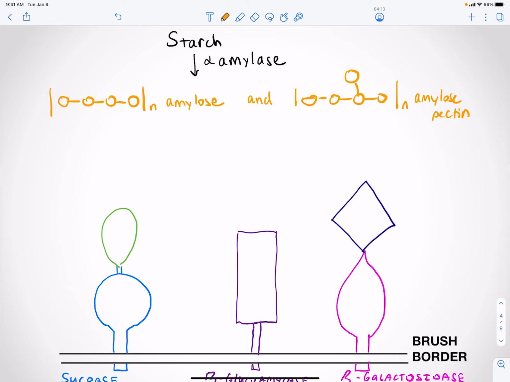And then you're going to have glucoamylase work on those non-reducing alpha-1,4 bonds.